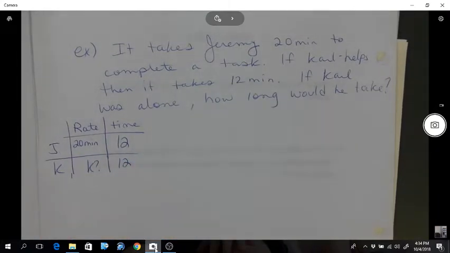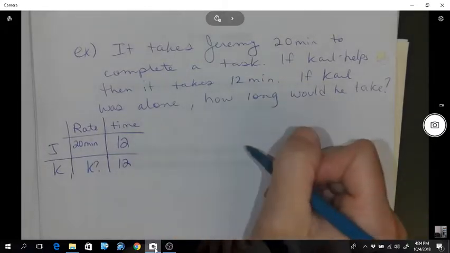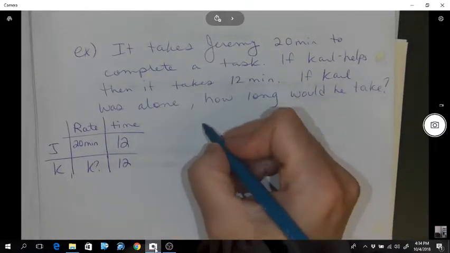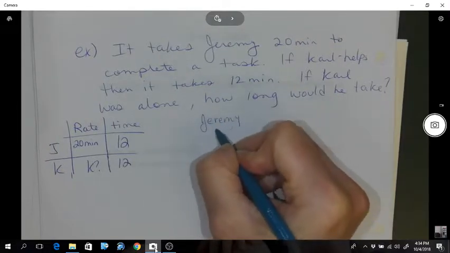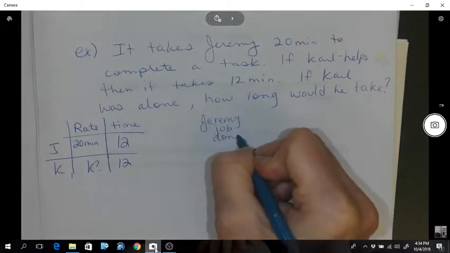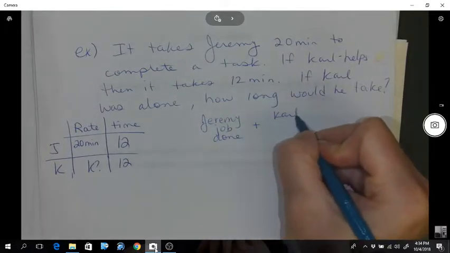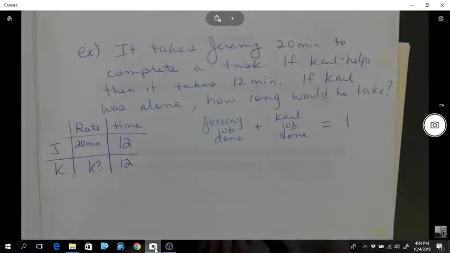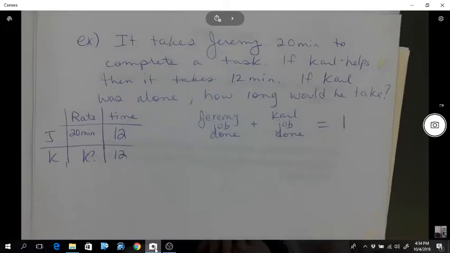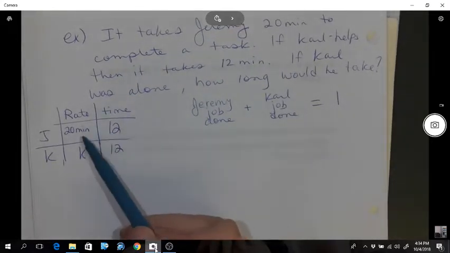Okay, so here's what we're going to do. We're going to say that the amount of job that Jeremy did, and then we add Carl's job done, is going to be the whole job done. So the piece that Jeremy did plus the piece Carl does is going to be the whole job. Okay, so does this make sense?